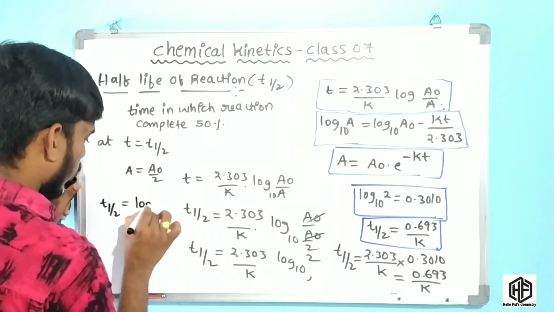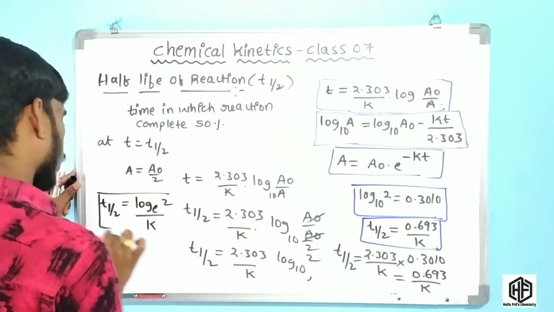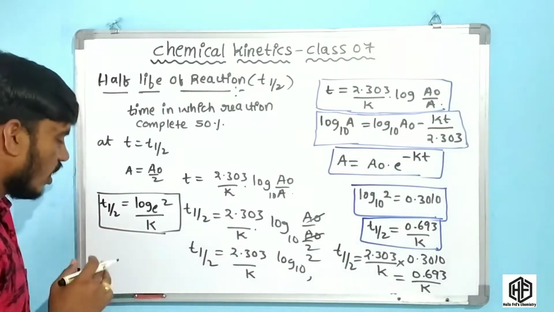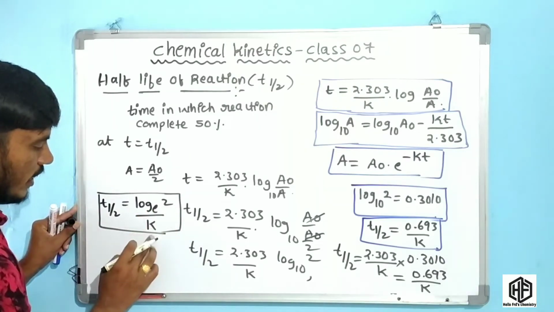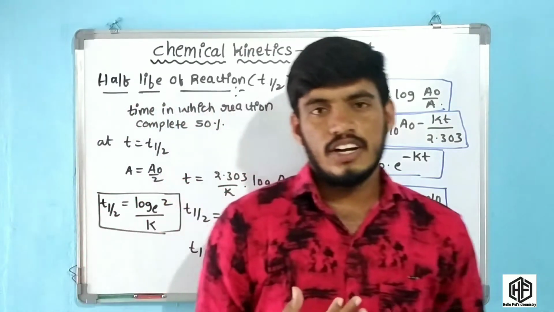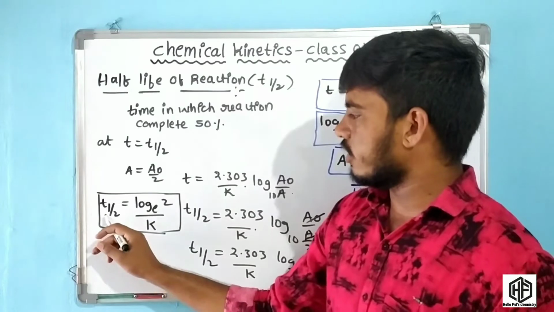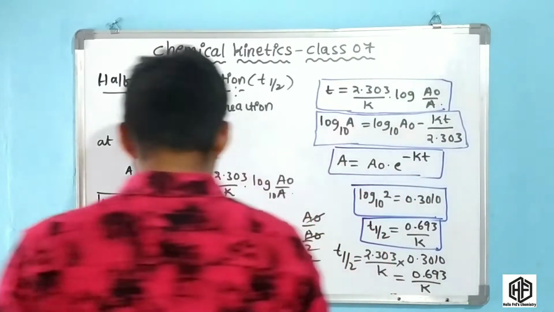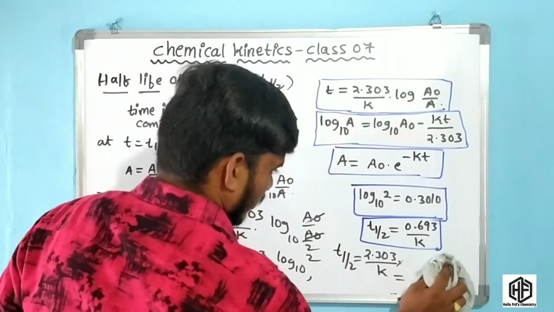This is one more important formula used in physics: t½ = ln 2/k. This is used in the radioactive decay of chemical reactions. This is one more important formula.